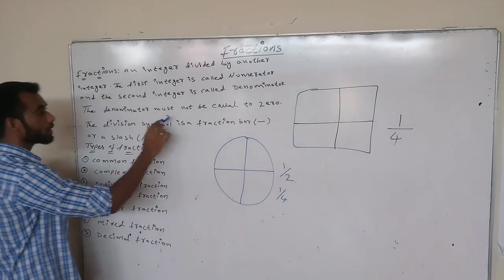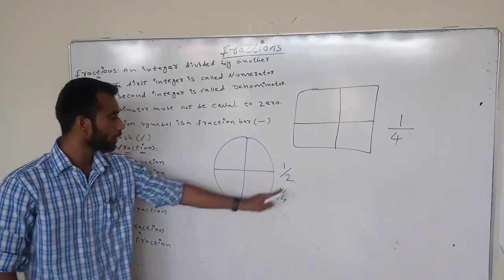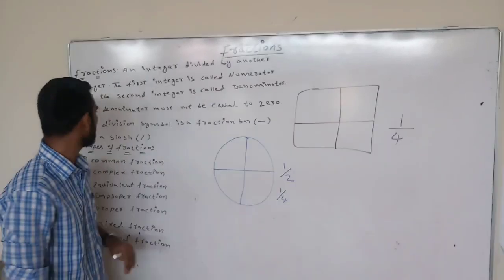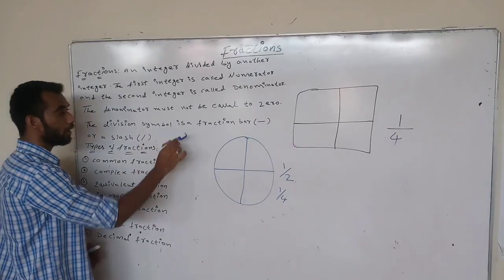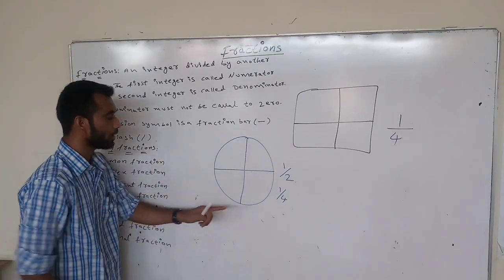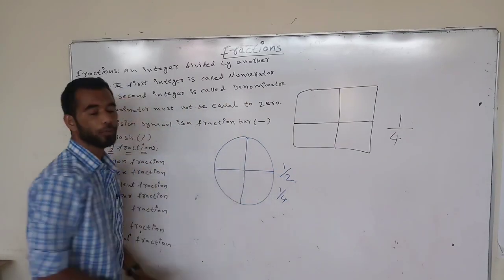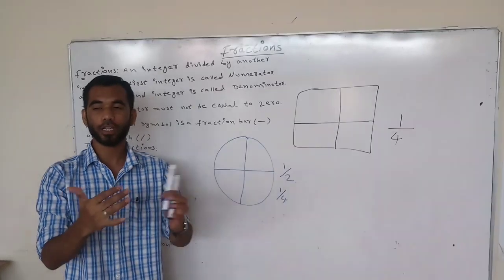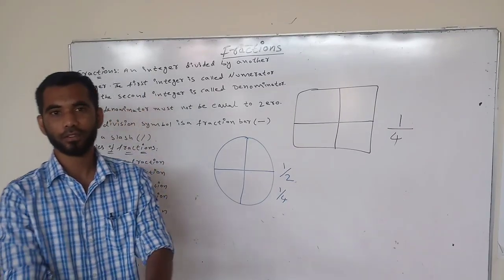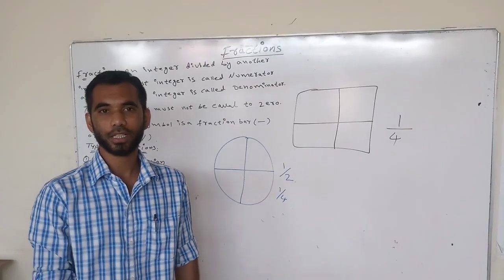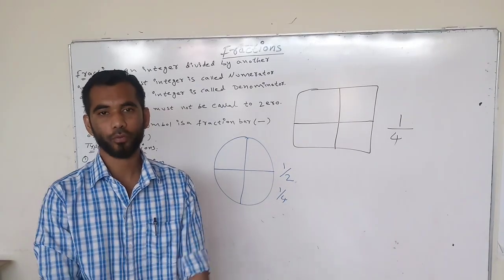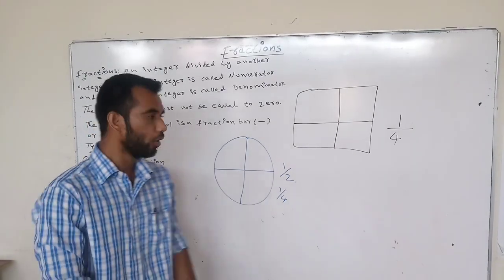The denominator must not be equal to 0. The division symbol is a fraction bar or a slash. Now tell me, what is a fraction? A fraction is a part of a whole.